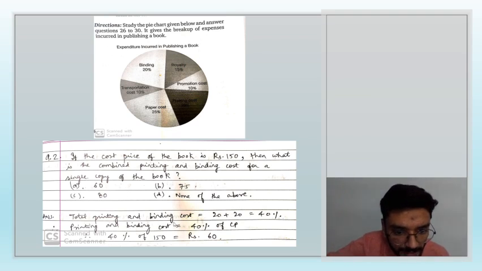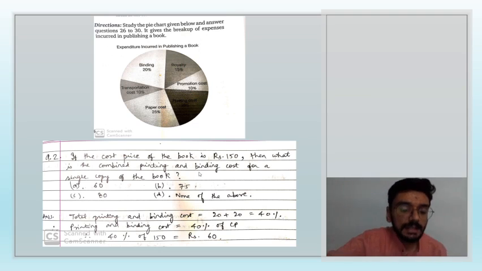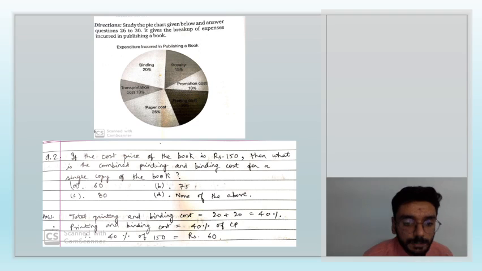So the total printing and binding cost would be 20 plus 20, that is 40% of the cost price. So 40% of 150 rupees comes out to be rupees 60.